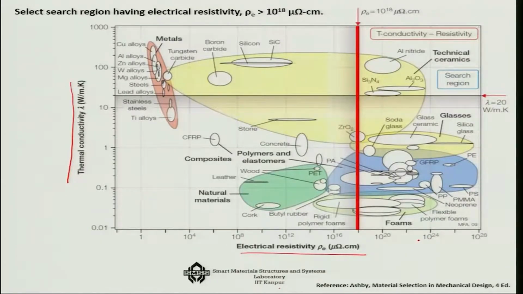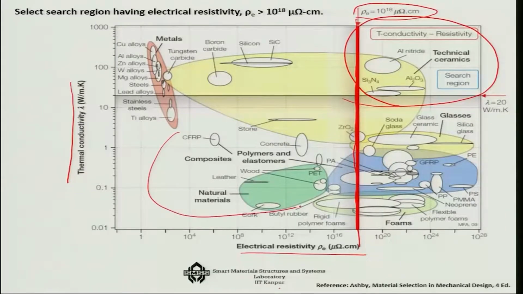If you choose a border like 10 to the power 18 micro ohm centimeter, then it is the top part of the curve that we are interested in, where you get a high value of thermal conductivity and a high value of electrical resistivity. Just the opposite is this region, where you get a low value of electrical resistivity and a low value of thermal conductivity.